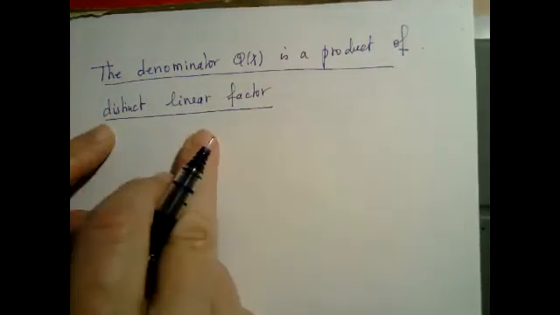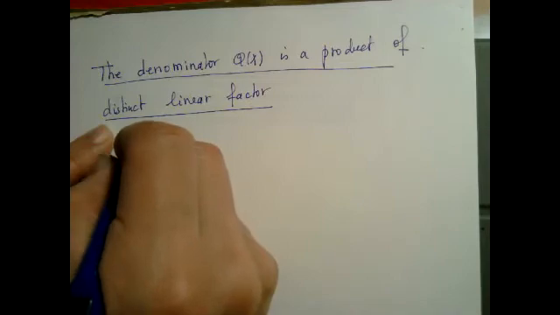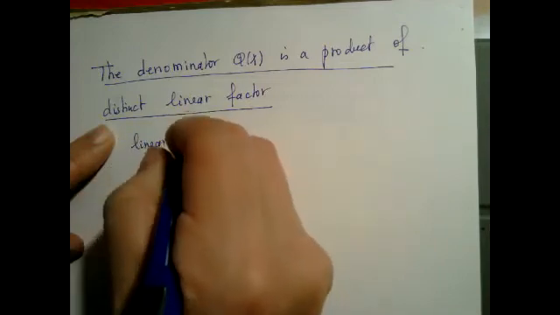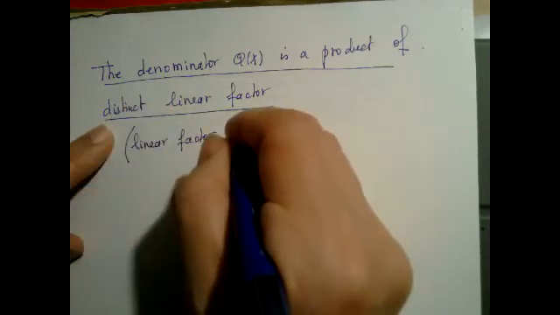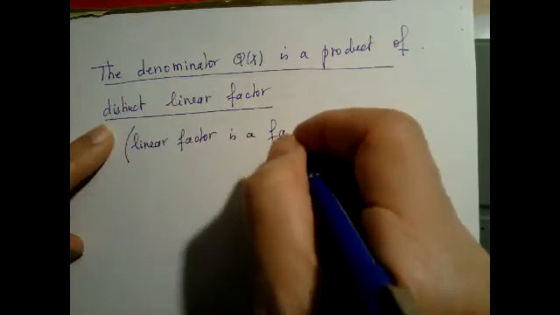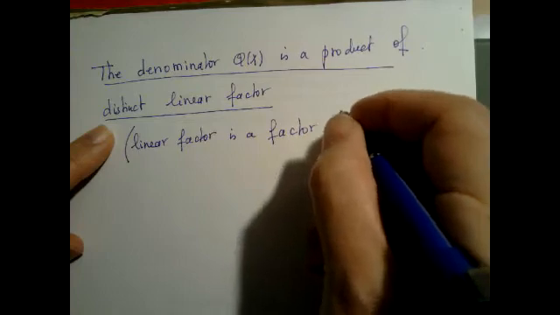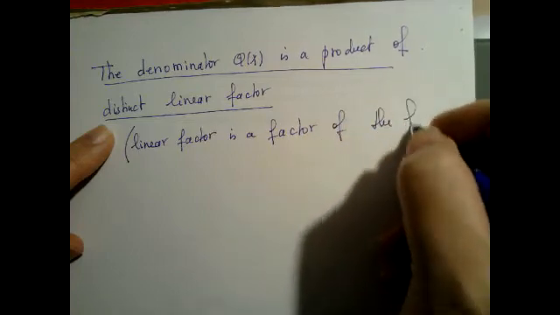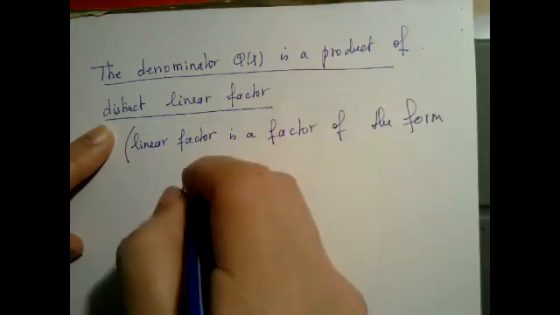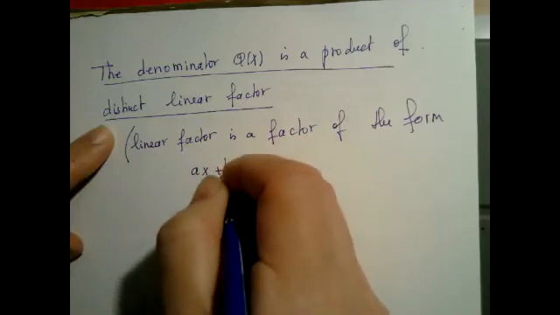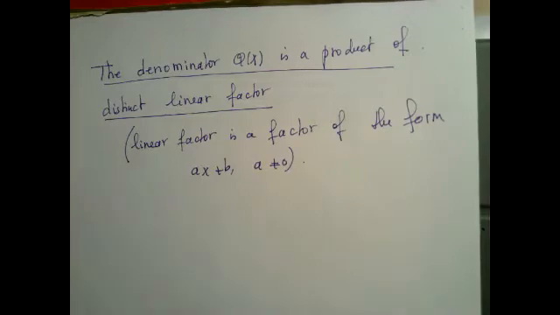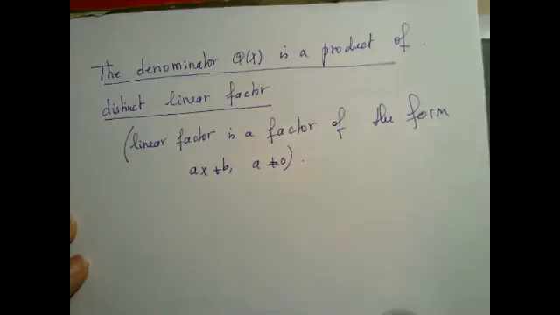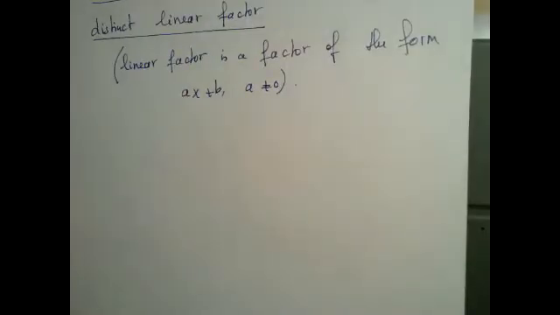Distinct means different. What's a linear factor? A linear factor is a factor of the form ax plus b, where a, of course, is different from 0. So that's a linear factor, a factor that has the form ax plus b. All right, so let us start.